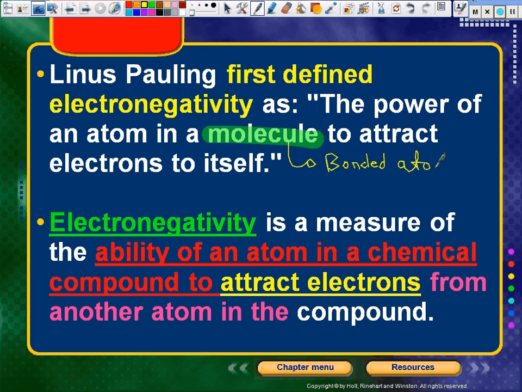Okay? So if you're in a bond, do you have to have more than one atom? Kenzie, you with me? Okay? Bonded atoms. The power of an atom in a molecule to attract electrons to itself. And I have a very simple way of explaining this.